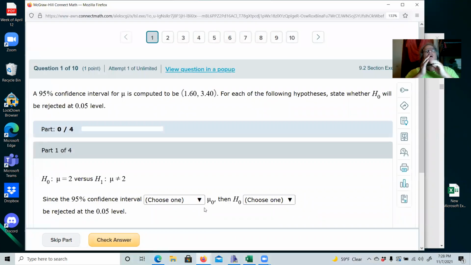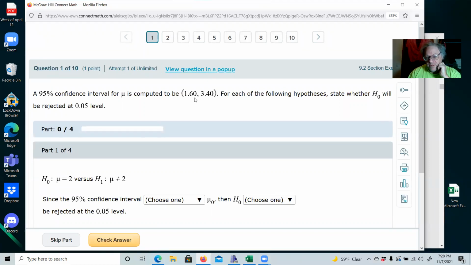All right. So going back to chapter 8 here. We have a 95% confidence interval for mu, and it's computed to be between 1.6 and 3.4. For the following hypotheses, state whether or not H0 will be rejected. H0, the null hypothesis, is mu equals 2 versus the alternative, H1, that mu is not equal to 2.